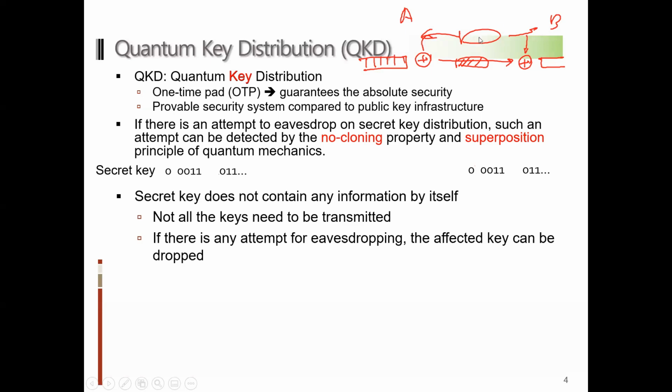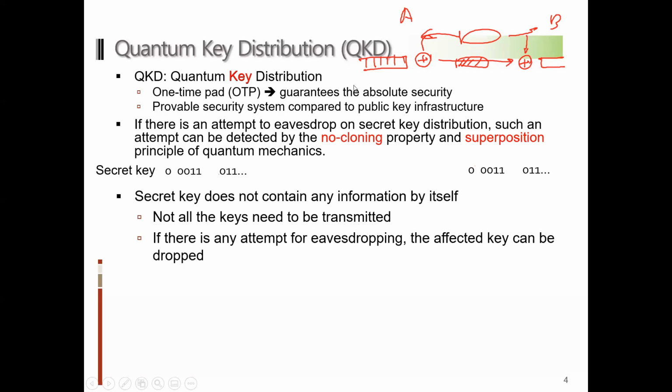Once the secret keys are shared between these two parties, the rest of this process, encoding with the XOR gate, decoding with the XOR gate, and transmission of the information, is all in the digital domain.